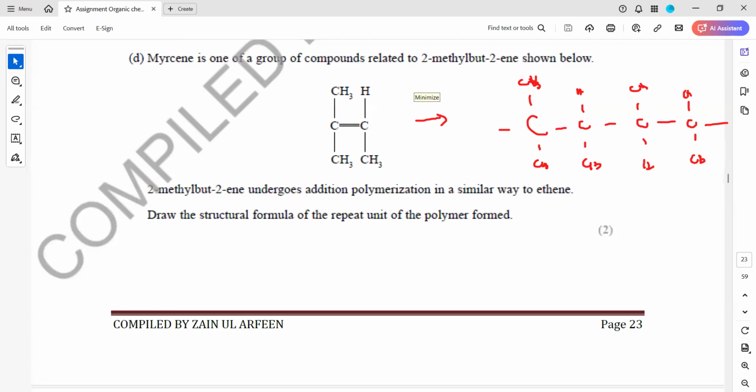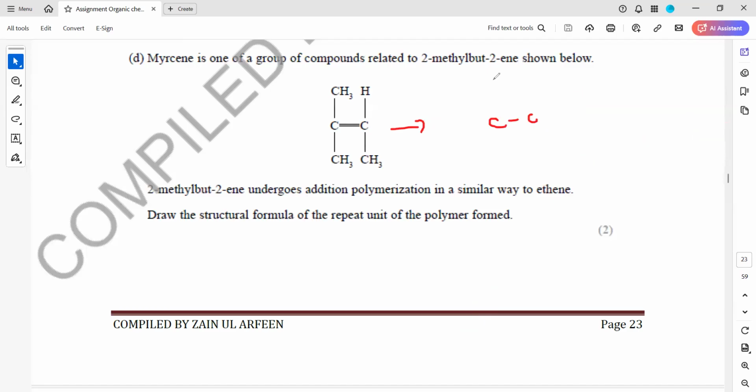If the question was draw the polymer of this, in that case we'll draw the same structure, put a bracket, and then we have to write n. But if they say repeat unit, we are not supposed to. We can draw 1 unit, we can draw 2. Better when they ask for a repeat unit, at least draw 2, but it is fine, you can draw 1 as well.